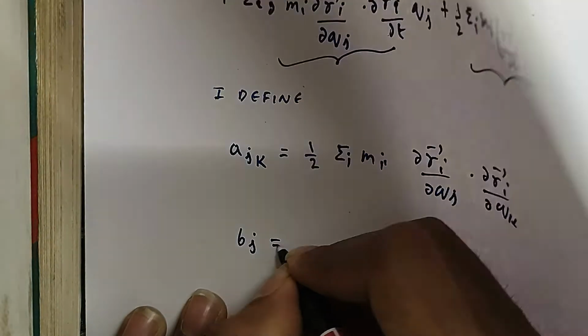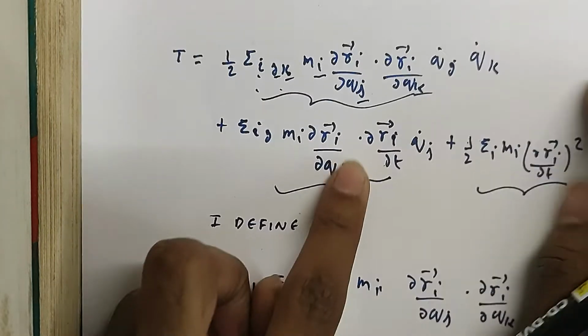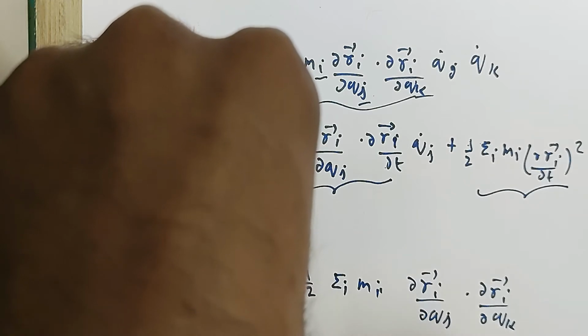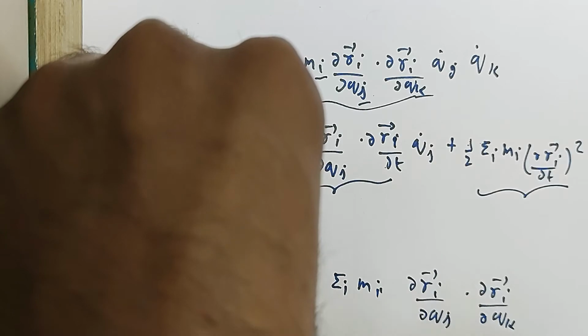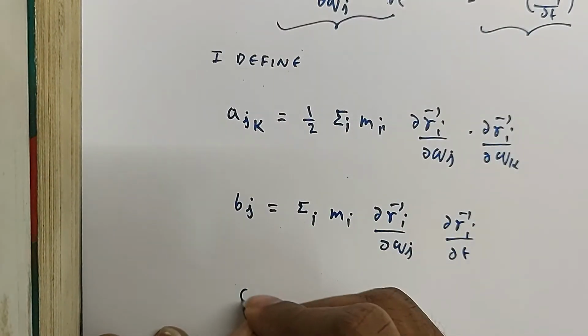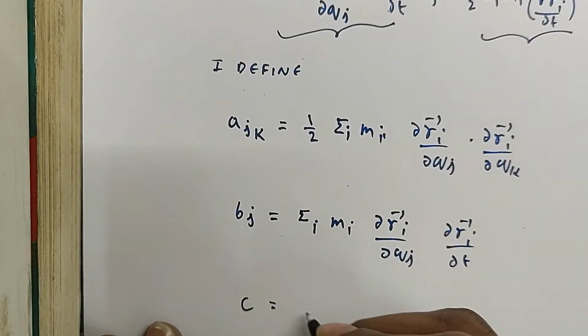Similarly, I define bj, which is summation over i of m i, dou r i upon dou qj dot dou r i on dou t, and I define this entire quantity to be c because it's independent of velocity.